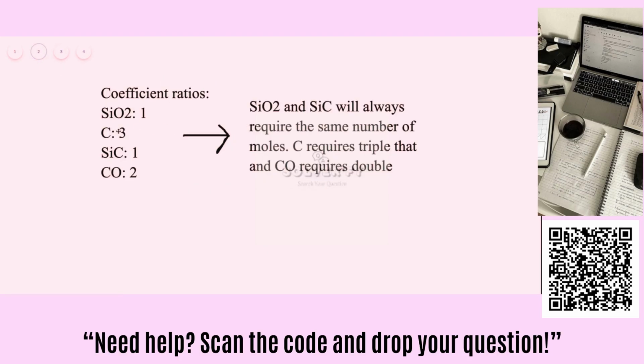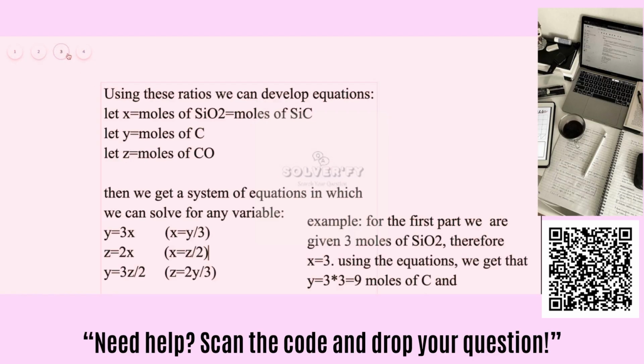You can use these coefficient ratios and notice that SiO2 and SiC will always be the same. So if you're given one of those two, you can just immediately plug the same number of moles in. For the carbon and the carbon monoxide, it is not as simple. You'll have to find a relationship between those in order to determine the amount of moles of those.